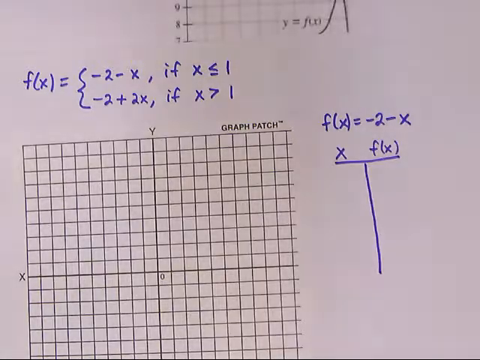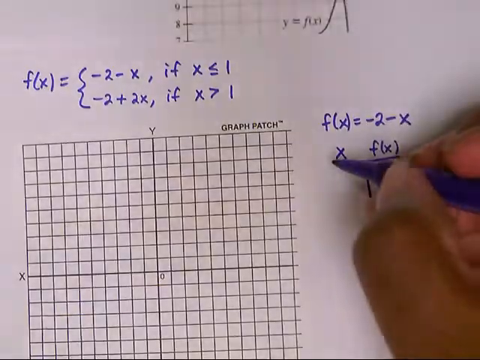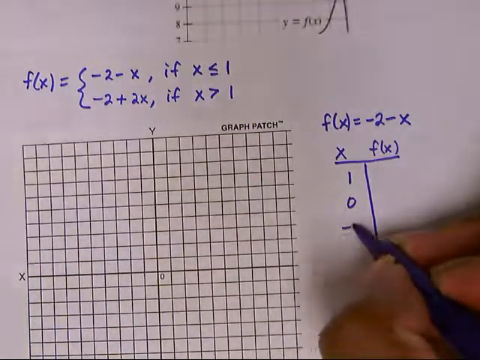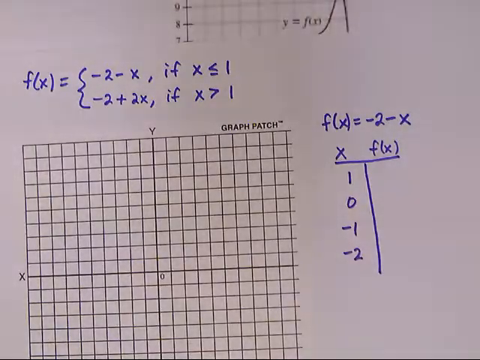So in this case, what I'm going to have to do is pick values of x that are less than or equal to 1, like 1, 0, negative 1, negative 2. And then we go ahead and substitute those values into that particular function.